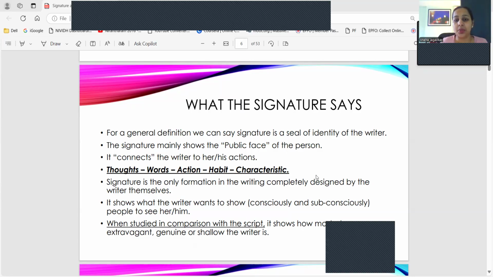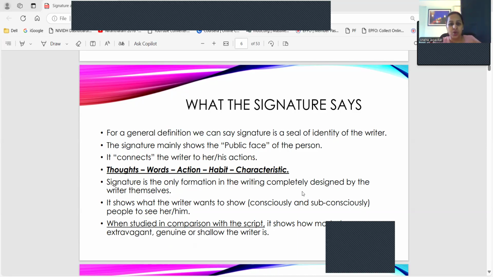Now, when I say characteristic, it obviously means that every person has positive as well as negative traits, right? How and what characteristics are displayed, whether they are positive or negative, we get to know from the signature.